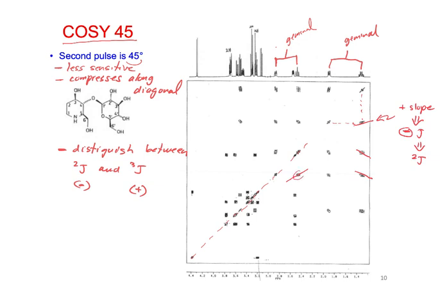But the rest of these out here are all negative slopes, so they're all going to be vicinal couplings.